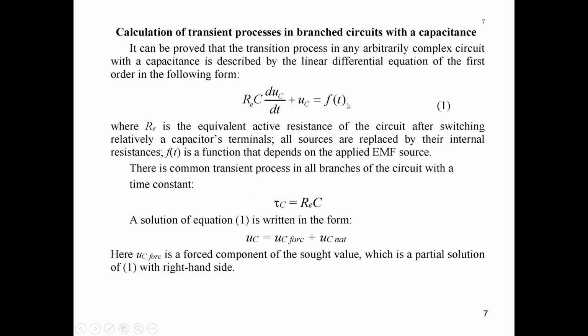And the solution of this equation can be written as UC equal to UC forced plus UC natural. UC forced is the forced component of the solution, and UC natural is the partial solution of this equation with zero right-hand side.